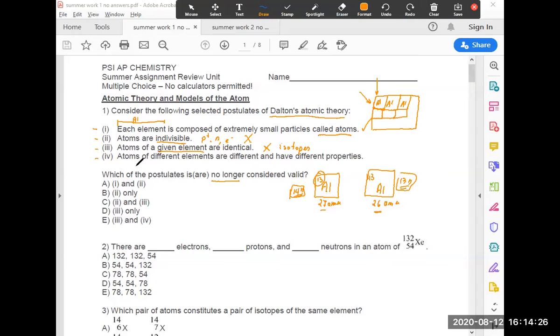And then the fourth postulate instead says the atoms of different elements are different and have different properties. Well, I hope so. So which ones are the two that are no longer considered valid? Well, the choice II and III. So this is the choice that we do not consider good.